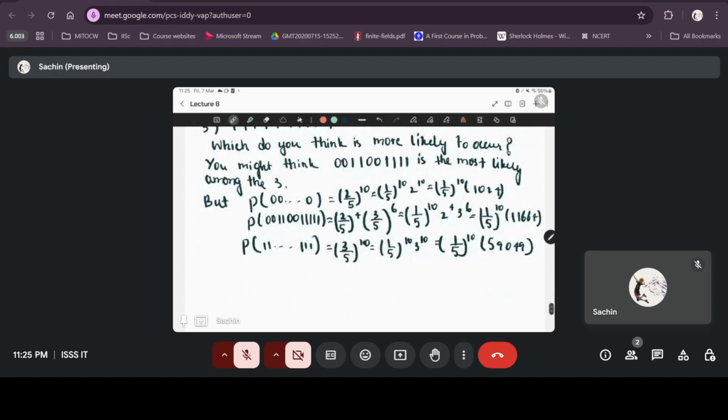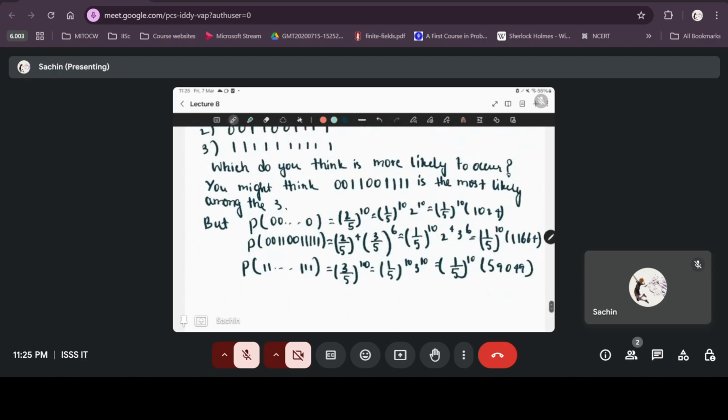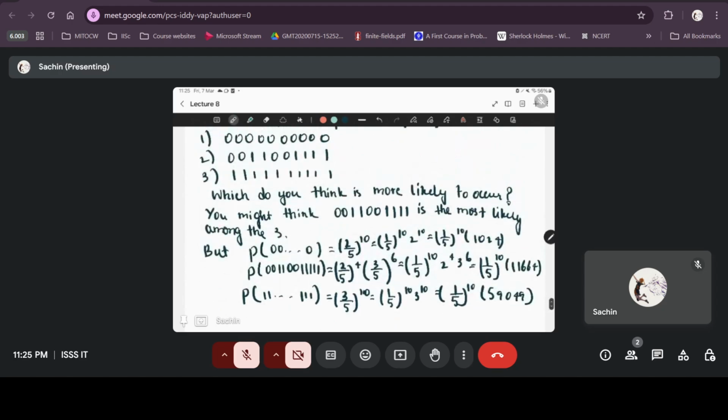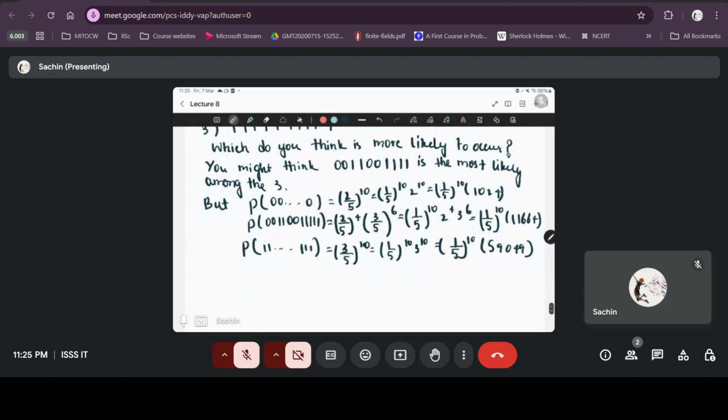So by calculating the actual probability, we see that the probability of the sequence of all ones is much higher than the probability of the sequence 0011001111, which is much higher than the probability of the sequence of all zeros. So the probability of all ones is greater than the probability of 0011001111.